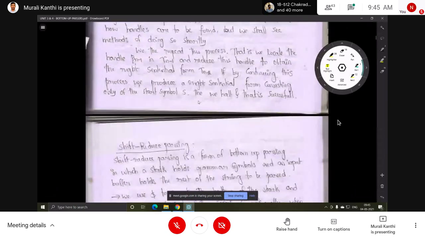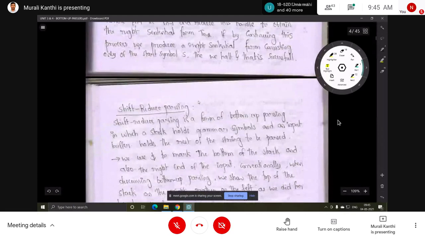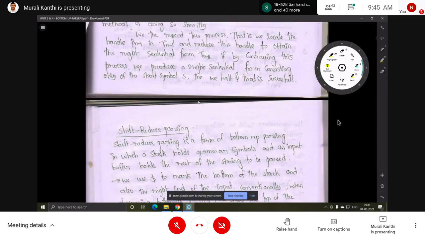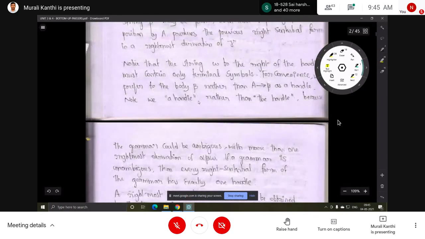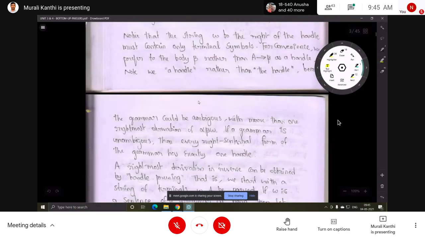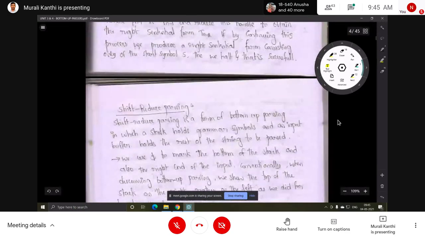In the bottom up approach we use a mechanism called the shift reduce parser, shifting and reducing. We have seen the terms reduction and reducing; similar, but this kind of process is used in the bottom up approach.